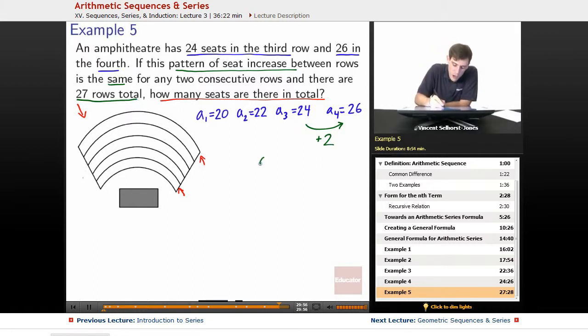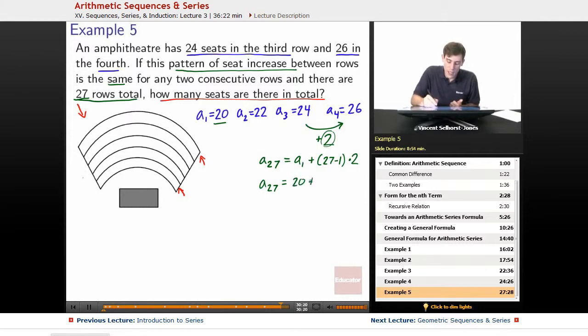So how many seats are there in the last row? A27 is going to be our last row because there are 27 rows total. So A27 is going to be the number in the first row plus 27 minus 1, right? N minus 1, 27 minus 1, times our difference. Our difference is 2, so times 2. This makes sense because the 27th row is going to be equal to our first row, 20, plus how many steps is it to get from the first to the 27th row?